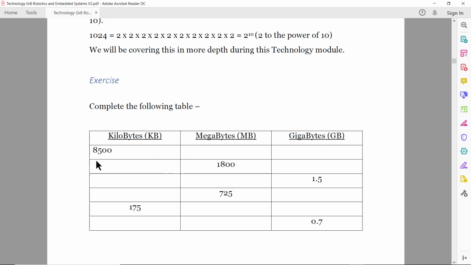If you've got that many kilobytes, do you think that number is going to be bigger or smaller in megabytes? If you think it's going to be smaller, then you need to divide that by 1024. If you think it's going to be bigger, then you need to multiply it by 1024. Okay, don't let the numbers fool you. Don't look for complications. It's easier than what you think. I will see you in the next lesson.